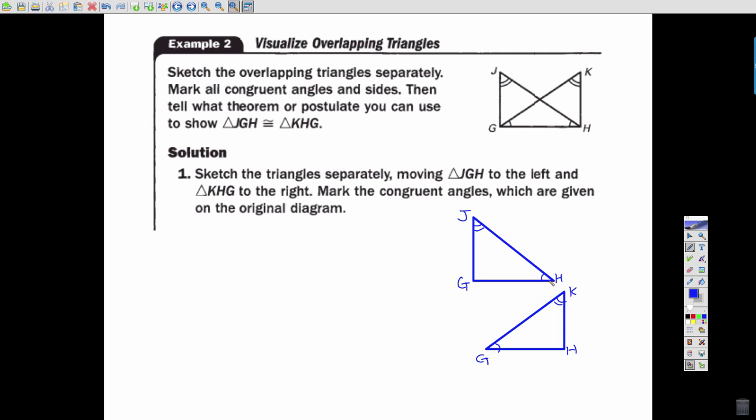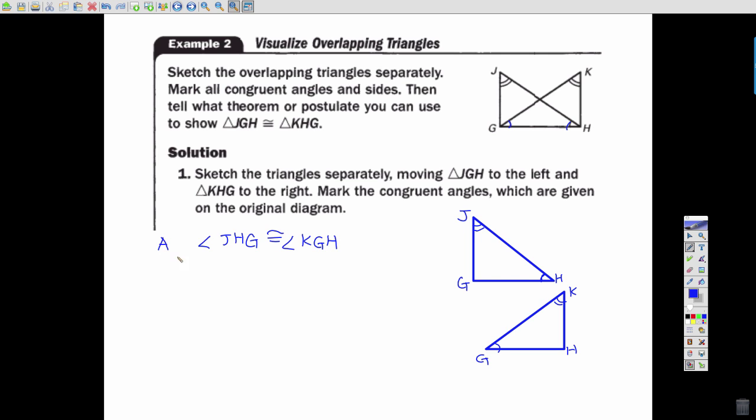Mark the congruent angles, which is exactly what we did, right? KGH and then JHG are congruent. Then let's see what we can prove. Let's write out what's given. First of all, we said angle JHG is congruent to angle KGH.